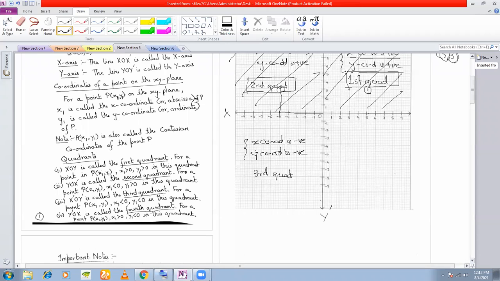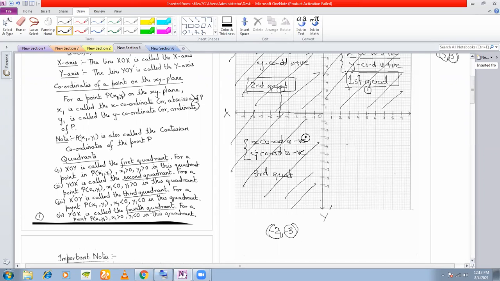Both are negative here. Suppose you want to plot the point (-2, -3); you see x and y both are negative. How will you plot? -2 and then you have -3. (-2, -3) will be somewhere over here, isn't it? So any point that you take in this quadrant, you will have the x coordinate negative and the y coordinate also negative.